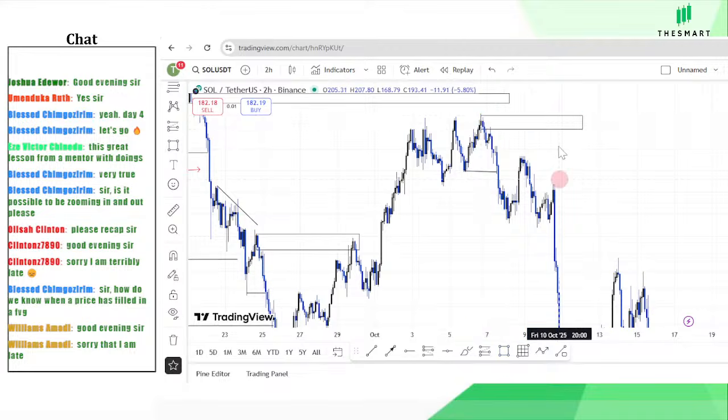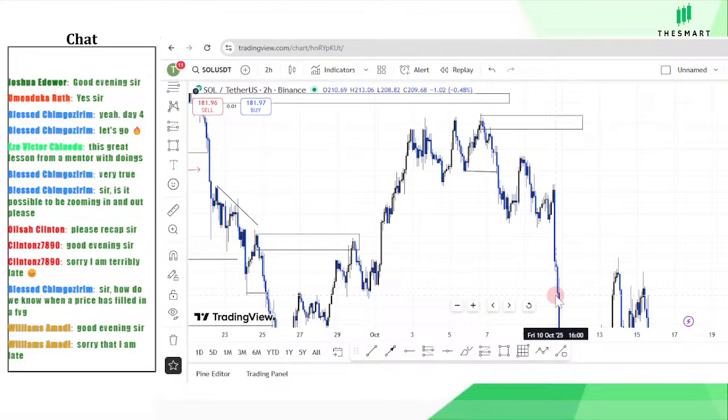So I want to see this price come back into it before continuing to the downside, because we had this fair value gap that price was supposed to fill, maybe giving us inducement. So price gave us this inducement. Maybe we would have waited for price to retrace into this point, but price didn't give us a second entry, and the price dropped all the way to the downside.